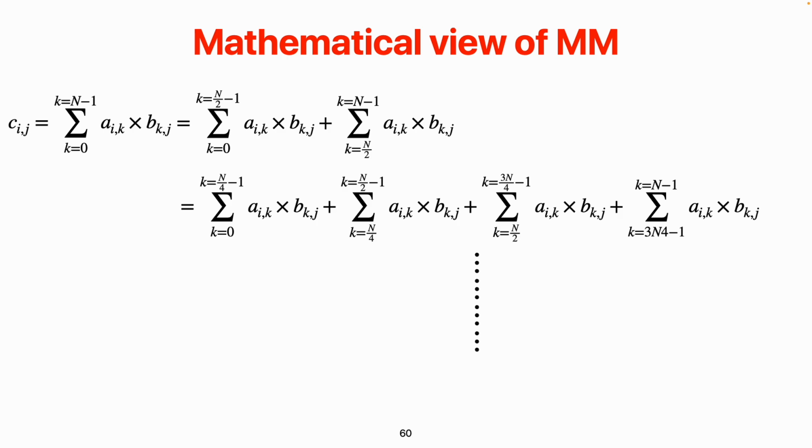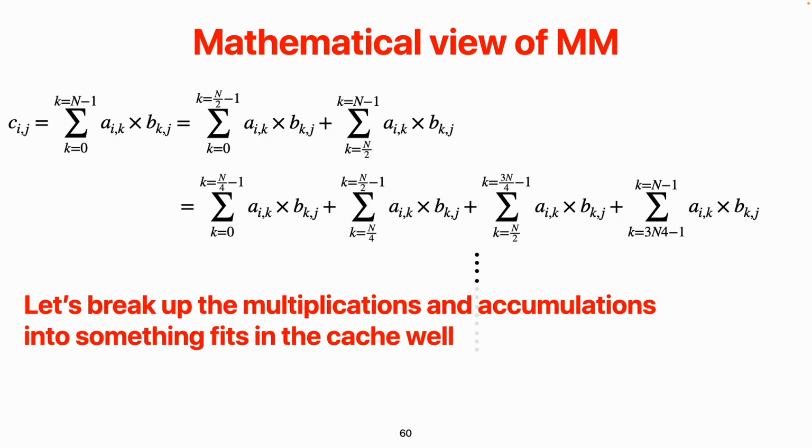This is the property of matrix multiplication, that you can split your matrix multiplication into various sizes of tiles as you wish. If you can break up multiplication and accumulations into pieces that always fit into the cache, then you can avoid all the capacity misses.